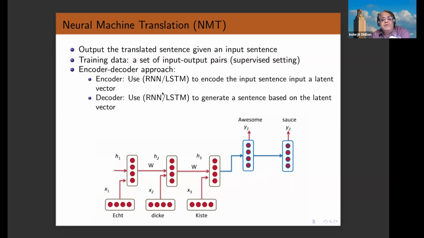Most of the methods used this encoder decoder architecture, where the encoder would produce a final hidden state, and then the decoder will use this and the word that it produced at the previous step to do translation. And it actually worked quite well, leading to a big increase in the quality of machine translation at that time.